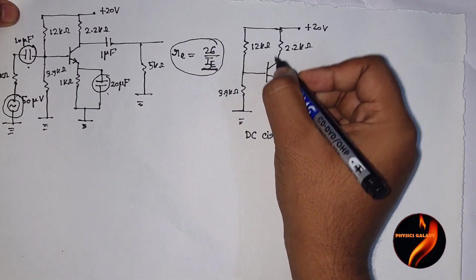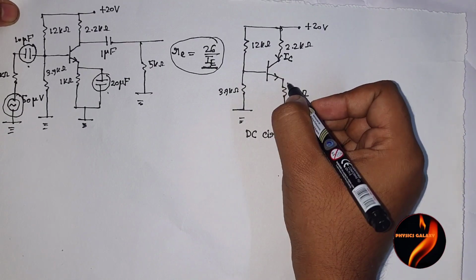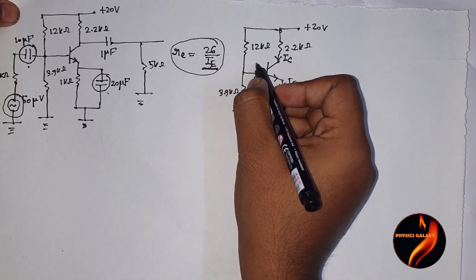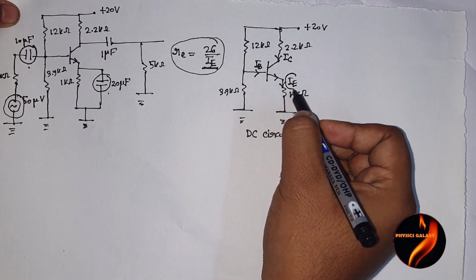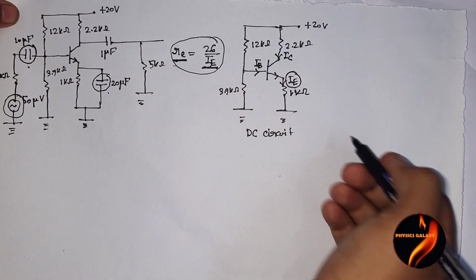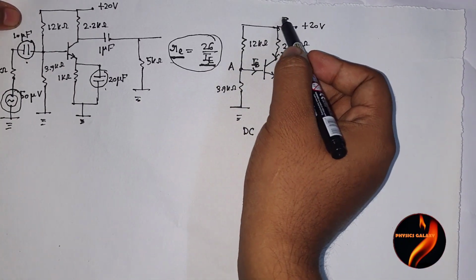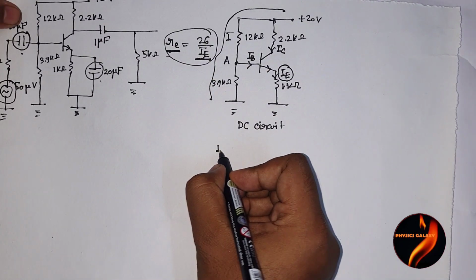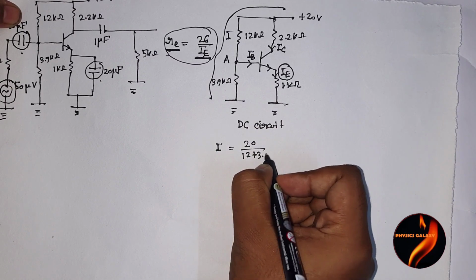Let us denote the currents in this circuit. The collector current is IC, the emitter current is IE, and the base current is IB. You have to find IE to determine the AC emitter resistance RE. Let us denote this point by A, and the current through this path is I. The current I is 20 divided by 12 plus 3.9.